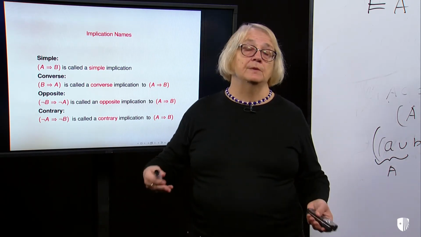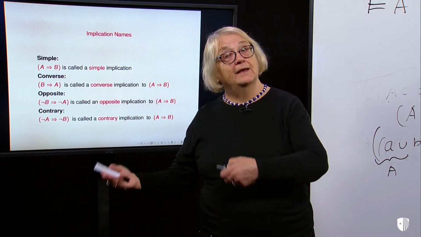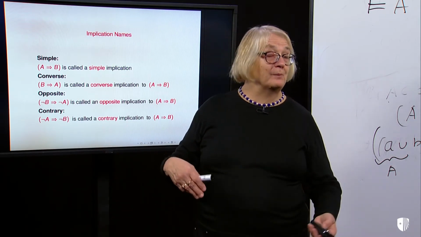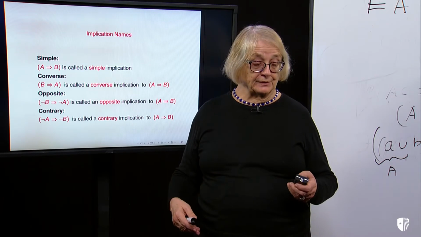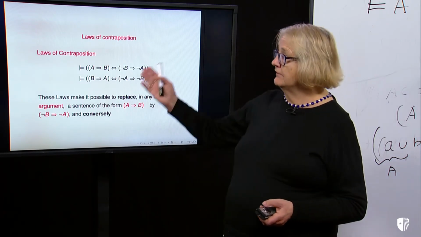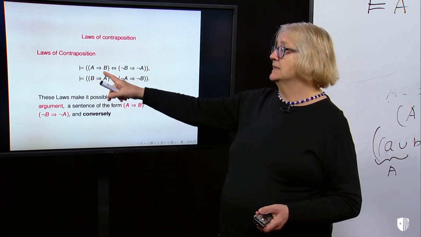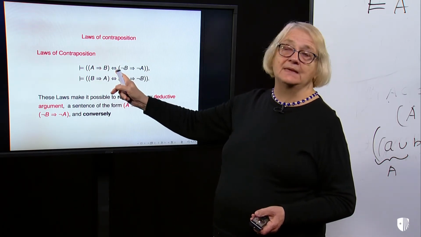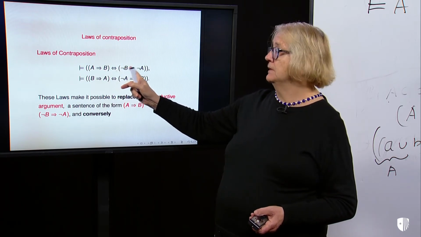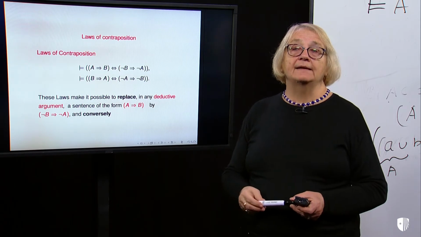Given an implication, give me the opposite implication, and we say instead of proving A implies B, I can prove the opposite implication because we have special tautologies. And also you have laws of contraposition, that it means that A implies B if and only if not B implies not A. So we will call it later logically equivalent.